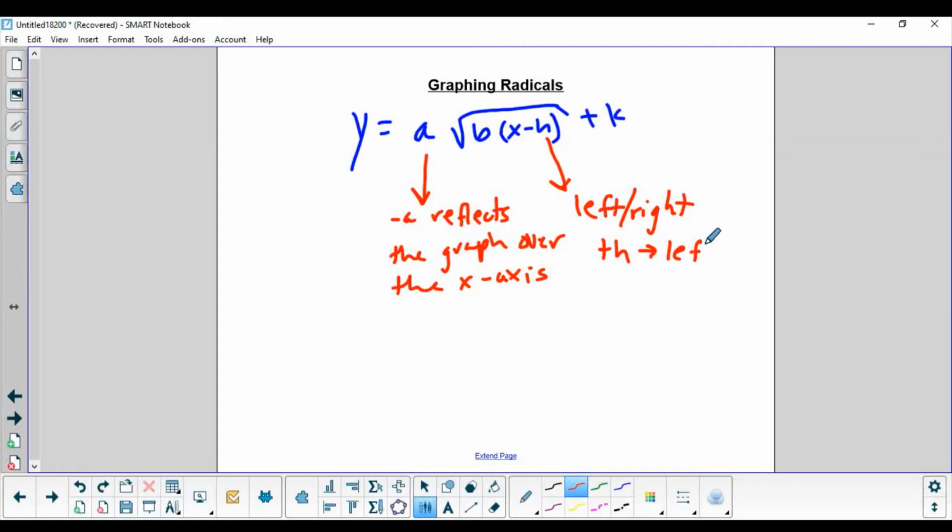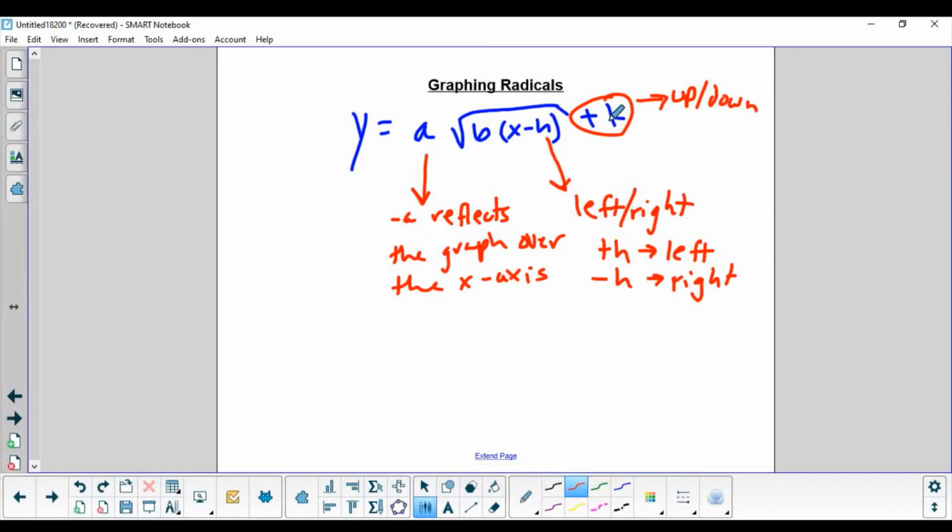And minus h actually moves you to the right. So these do the opposite of what's there. And then the last part is the plus k part. This moves you up or down, and that's going to do whatever the sign is. So plus k moves you up, minus k moves you down.